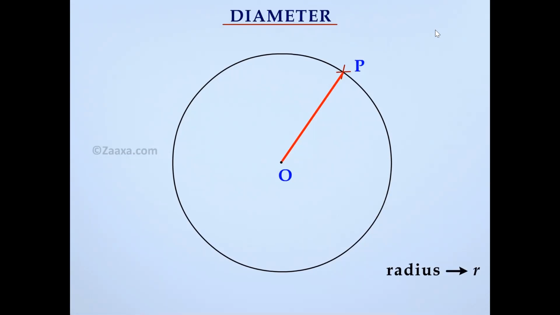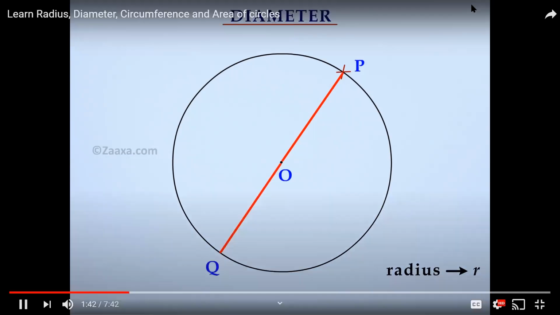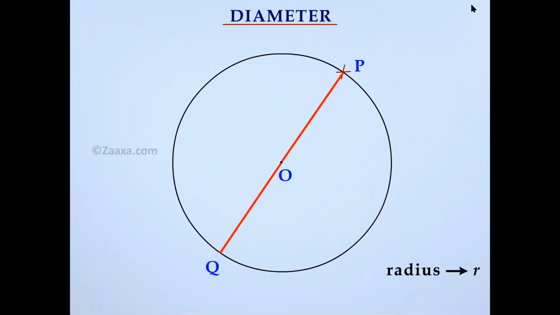Let us now extend PO to cut the circle at another point, Q. We say that PQ is a diameter of the circle. Note that the diameter is a straight line which divides the circle into 2 equal halves and passes through its center.